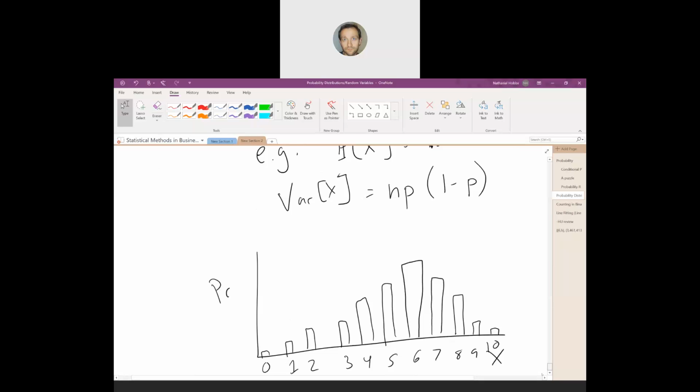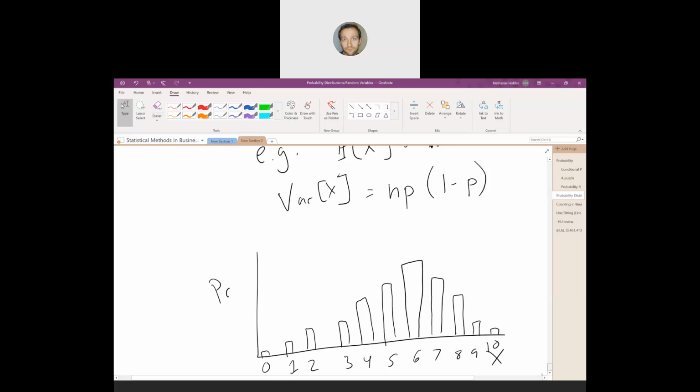In particular, this is the binomial distribution. This is one example of a binomial distribution. The important quality that this one and the one we saw before have in common is that they are discrete. These pieces are over the numbers 0, 1, 2, 3, 4, 5, 6, 7, 8, 9, 10.